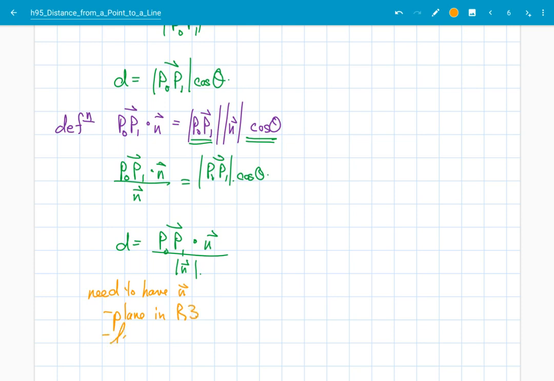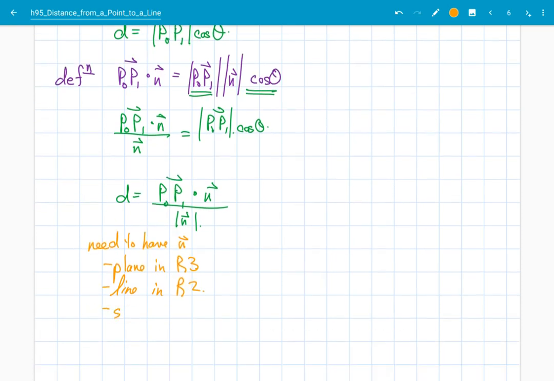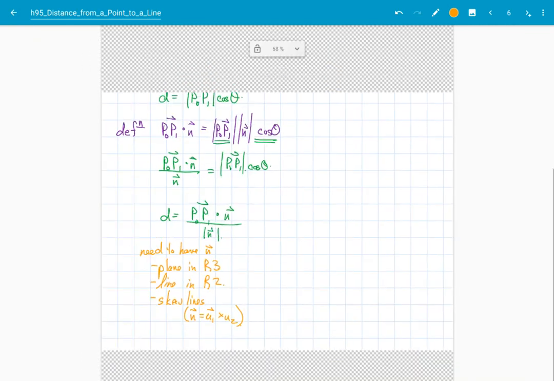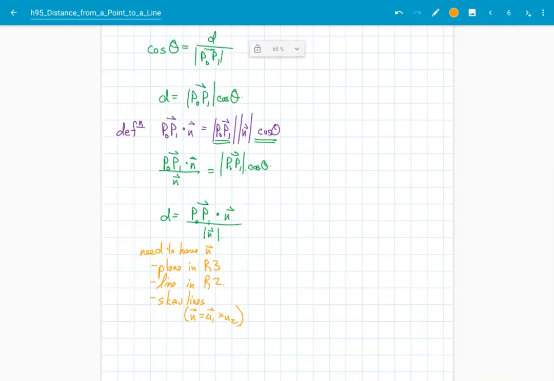A line, do you have a normal to the line? Yes, but only in 2 space. And you have the normal if you have skew lines. What do you mean? Well, you get the normal by crossing U1 with U2. That's perpendicular to both of the skew lines, and that'll be the shortest distance that the 2 lines get to each other. And then, you'll be able to use cosine.